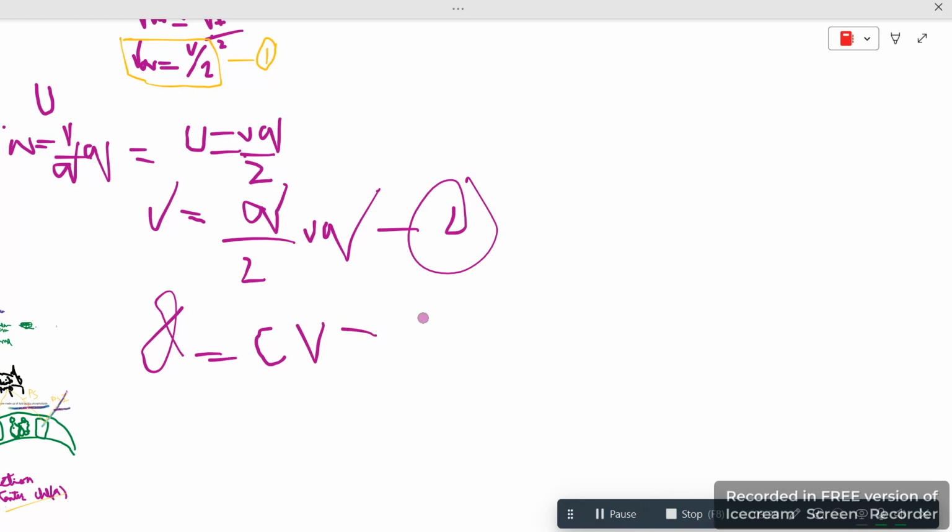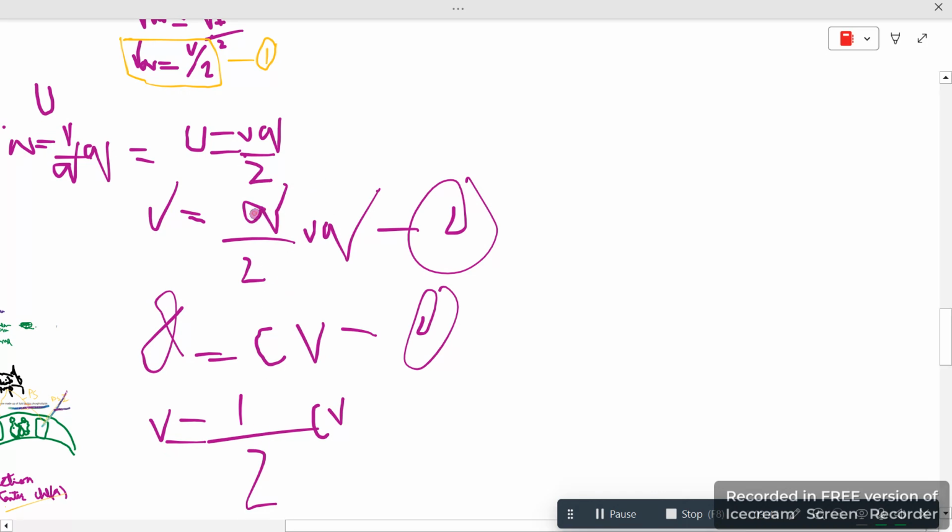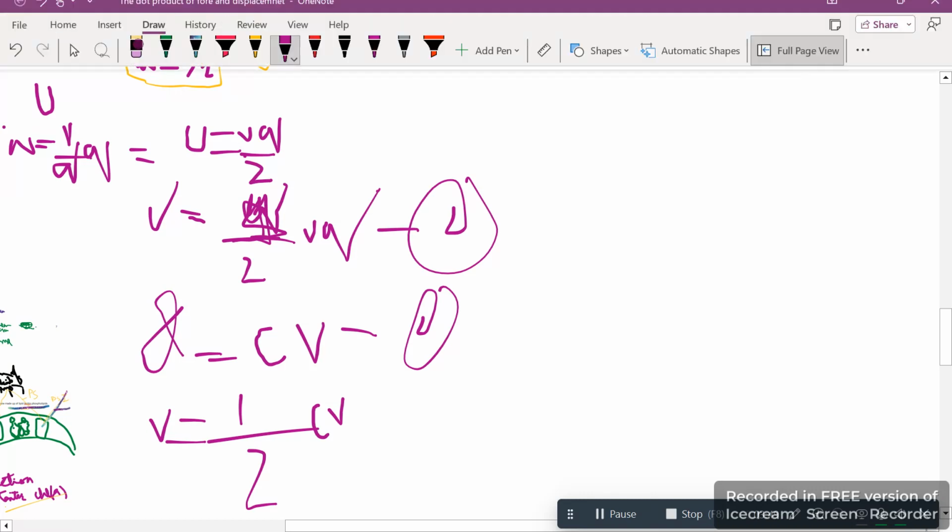This will become the second equation. Okay, then we know that the U is equal to 1 upon 2. Here we will see V, like we are combining this equation. U is equal to 1 upon, sorry, this is 1. Let me just erase it.